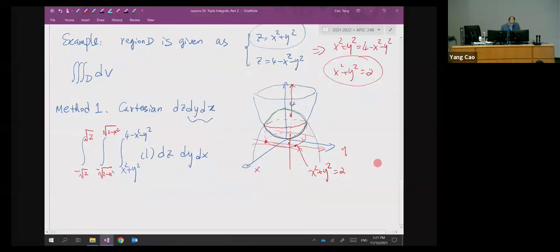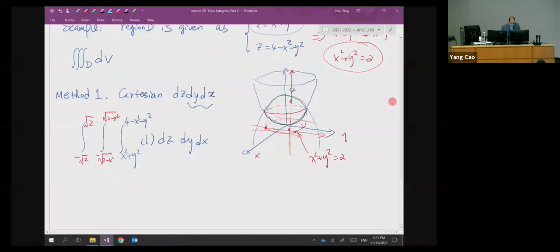You can certainly try to work it out, but I can guarantee that it will be very cumbersome to carry out this computation because of the square root terms here. So this is where we can explore a different coordinate system to calculate this triple integral.